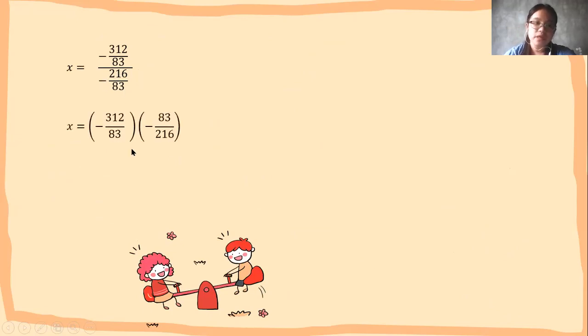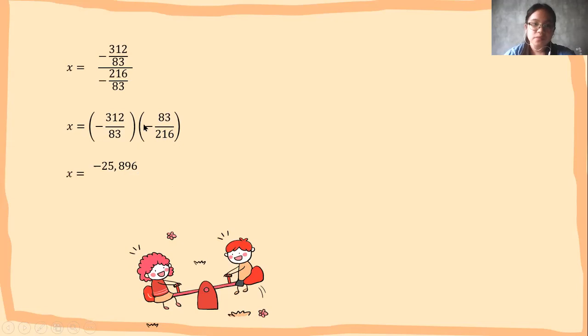So the next step is let's multiply. The negative 216 over 83, let's take the reciprocal. It will become 83 over 216, or negative 83 over 216. Then multiply. So 312 times 83 is equal to 25,896.